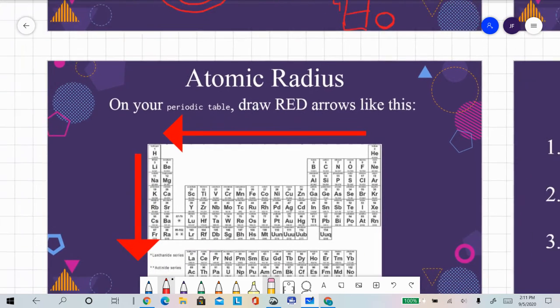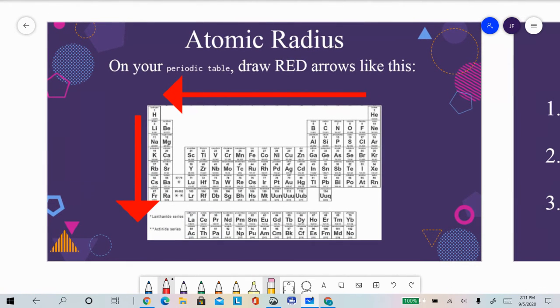So what I would do is on your periodic table, draw these arrows in red and label them. I would draw this arrow across the top and say increasing atomic radius, right? And maybe even model it. So over there it's small, over here it's big.